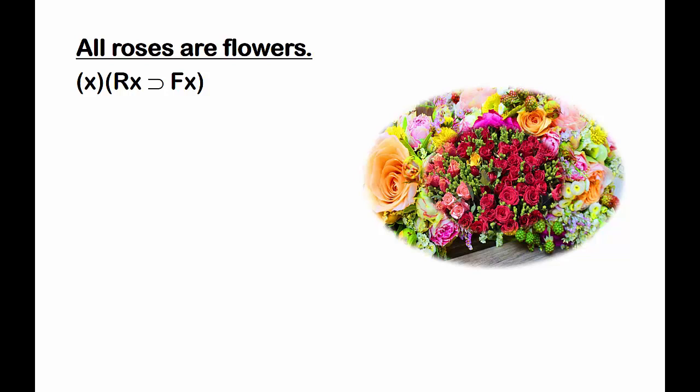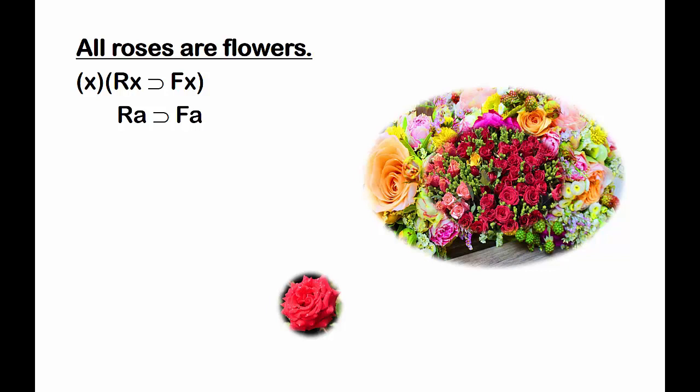Now, given that we're given this universal sentence, this means that if I pick any random object which happens to be a rose, I'll also know that object to be a flower.